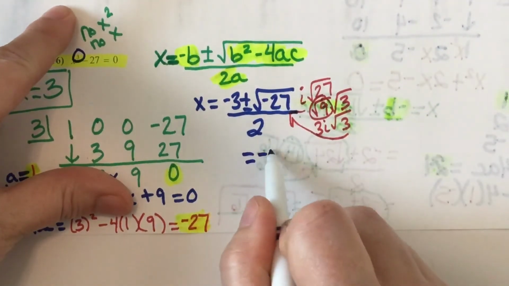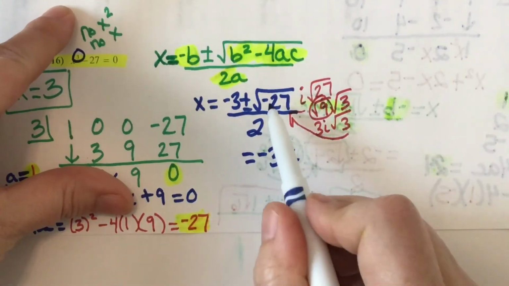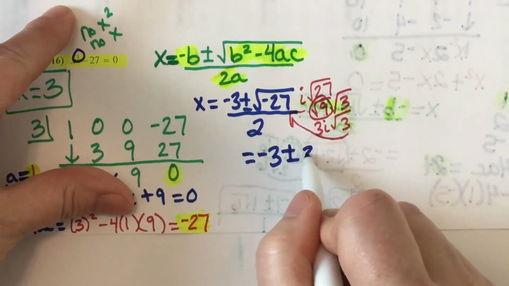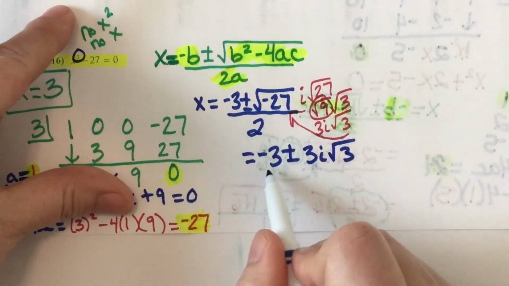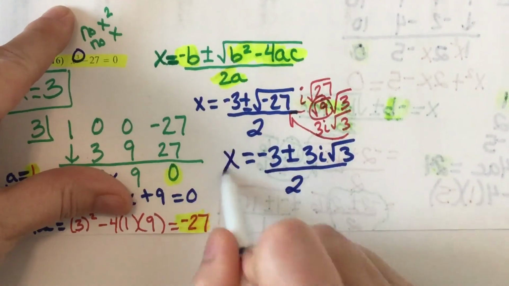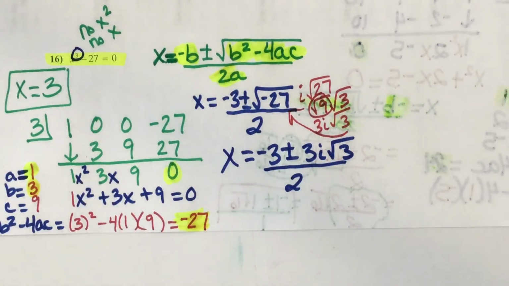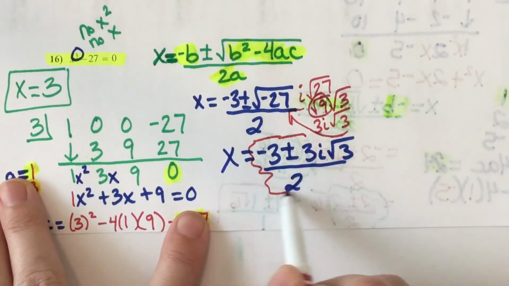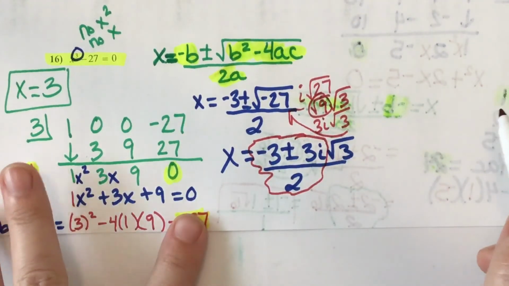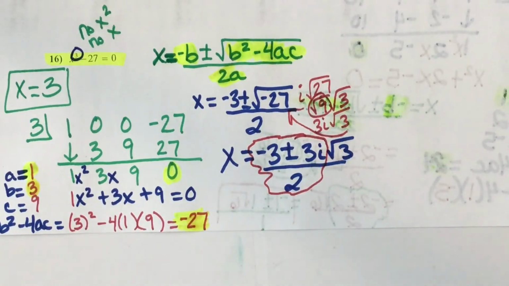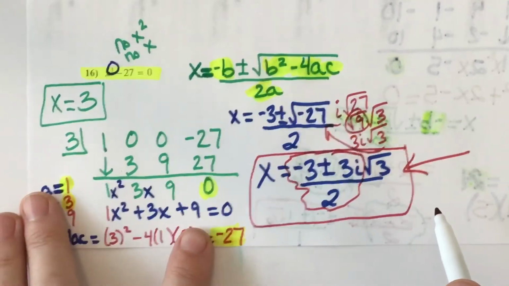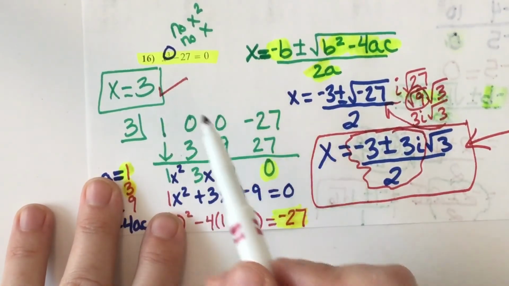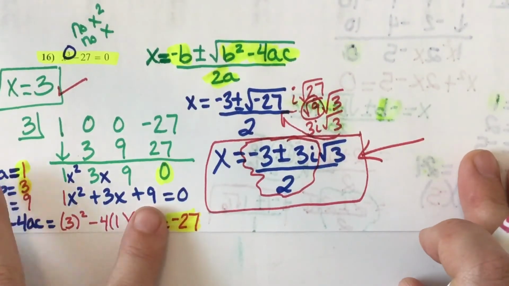So I've got negative 3 plus or minus, replace this with 3i square root of 3, and recopy all over 2. Okay, at this point, you want to see if you can simplify. So look at those 3 front numbers, and can you divide them all by something? You can't. So that's it. These are 2 of your answers. And this one from the calculator is your 3rd answer. And that's how you do that.